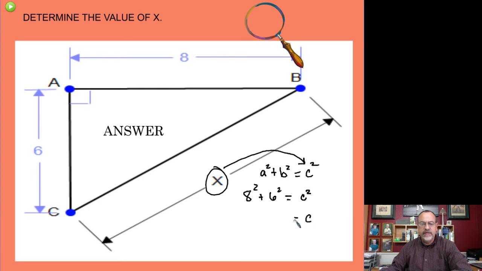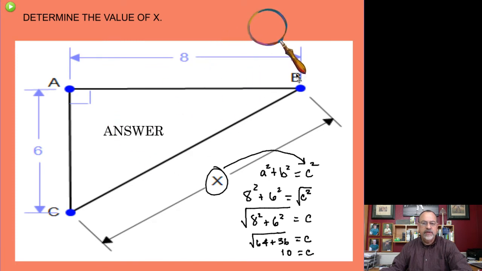Solving for c, I take the square root, so c would be the square root of 8 squared plus 6 squared. Now 8 squared is 64, 6 squared is 36. Adding those together, that's 100, so the square root of 100 is 10. So the length of c would be 10.